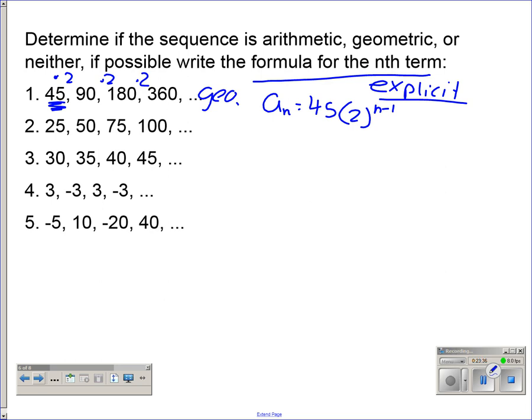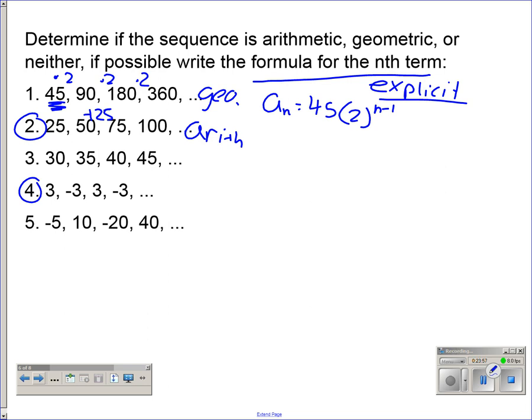Let's do just number 2 and number 4. Number 2 is 25, 50, 75, 100. Is that arithmetic or geometric? Arithmetic, because we're going up by a common difference. In this case, we're adding 25.